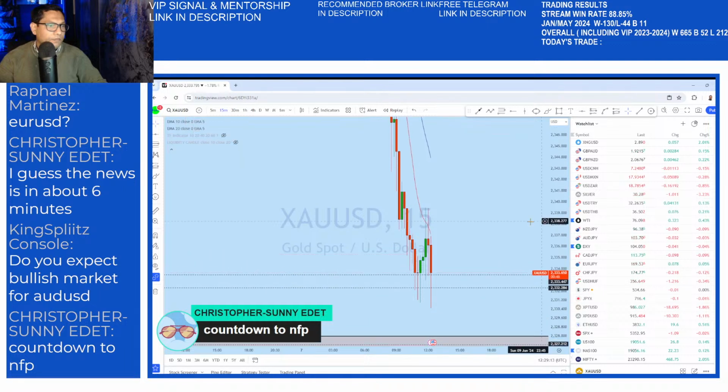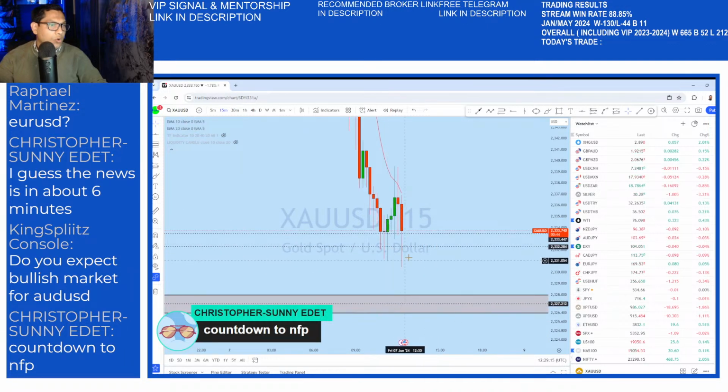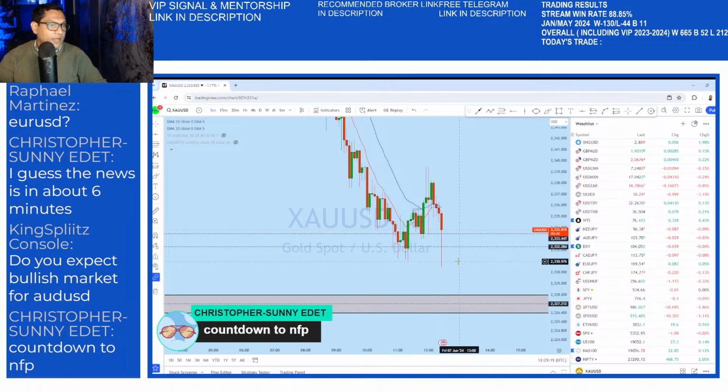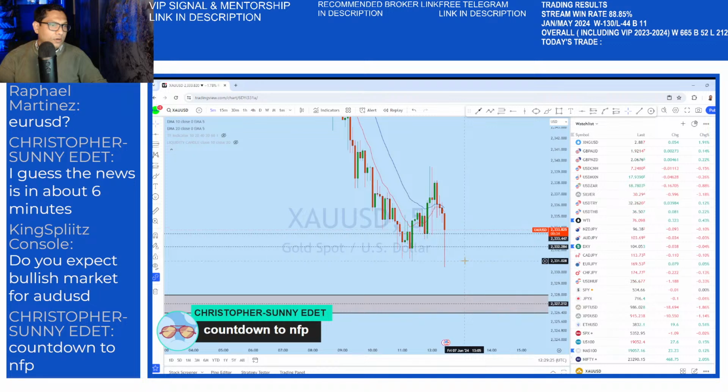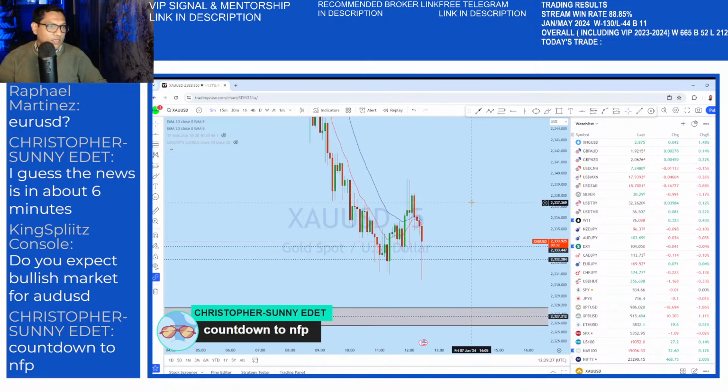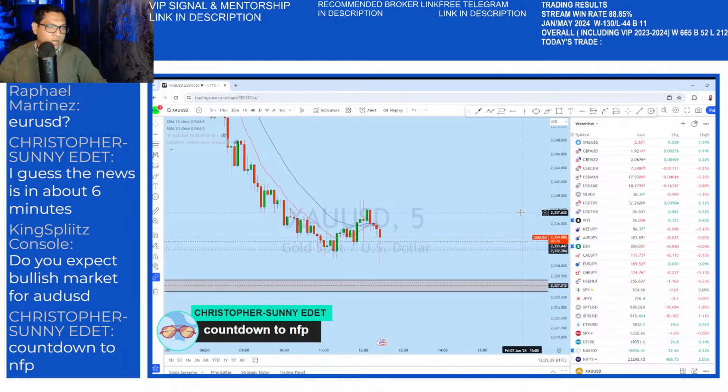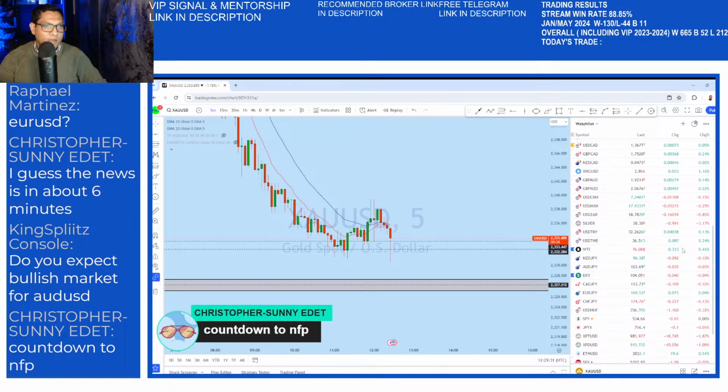Okay, long week candle, long week candle. That's what it did. It just broke that low. Now there is a probability for a potential bounce as the spike is coming.